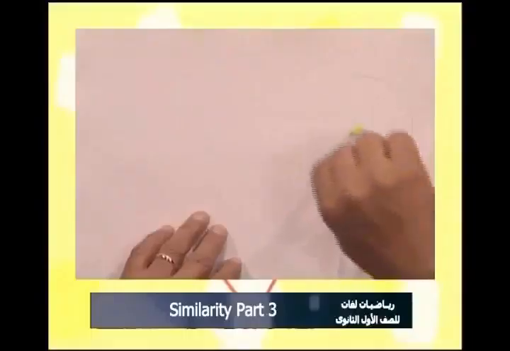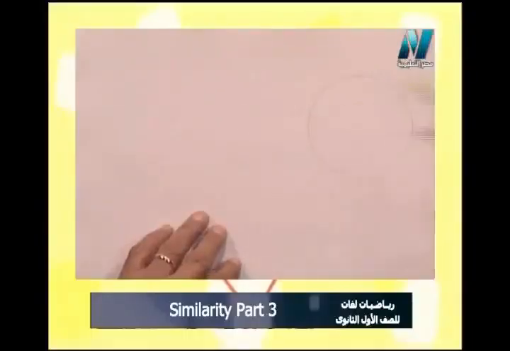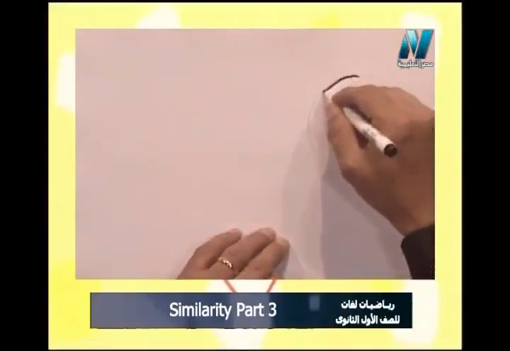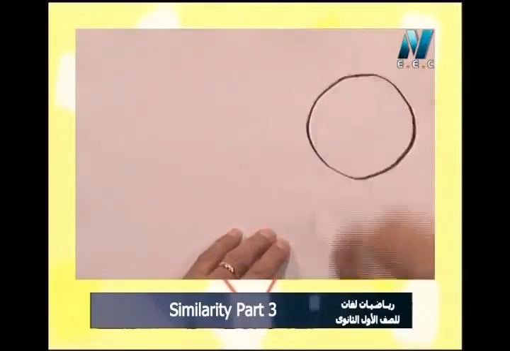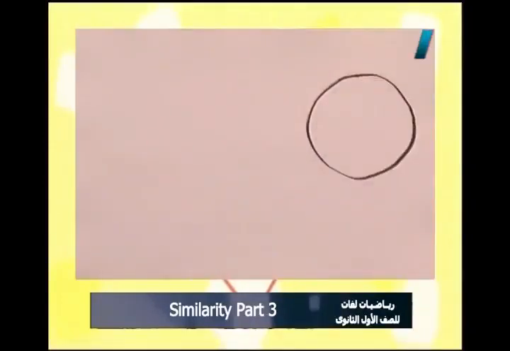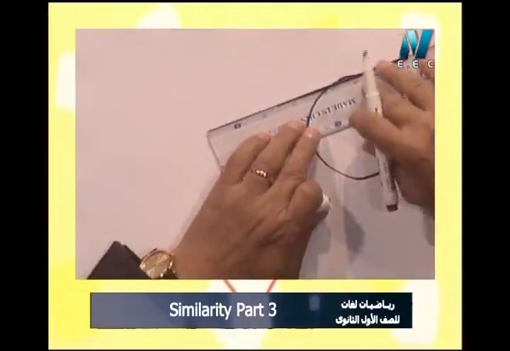We have here a circle. I will try to solve it well, and to be clear, I will trace it with my pen. We have a circle, and a tangent to this circle.